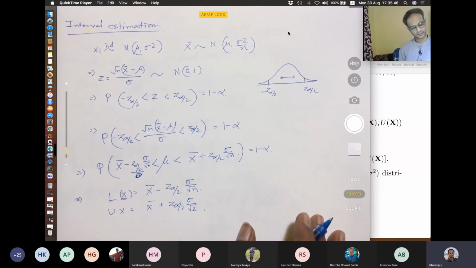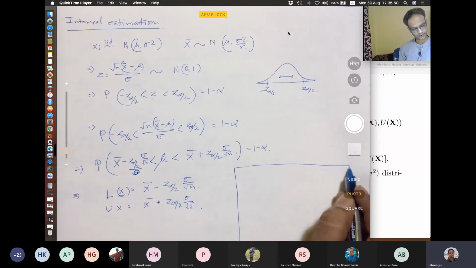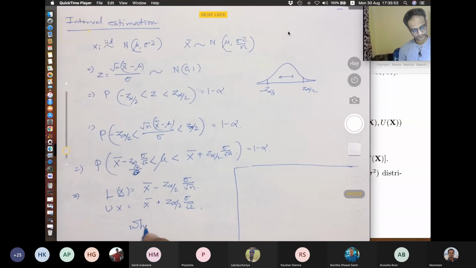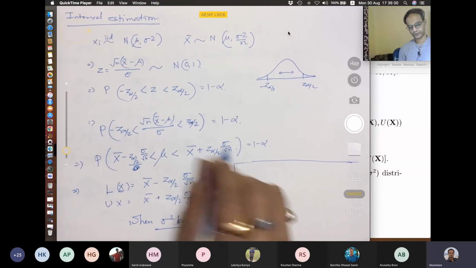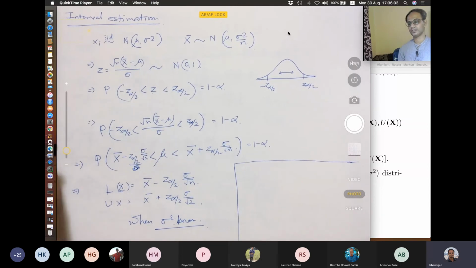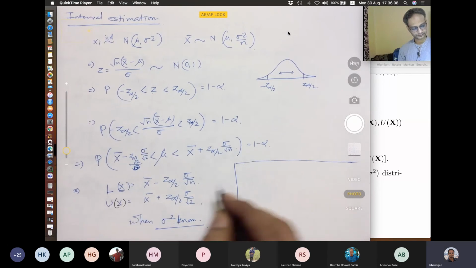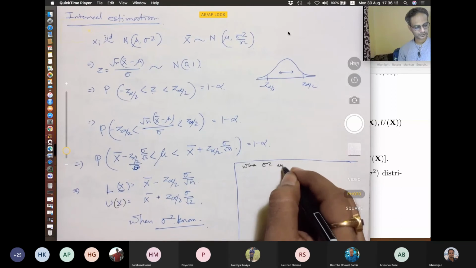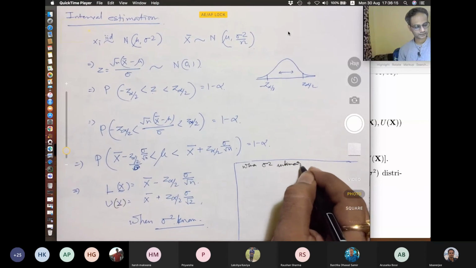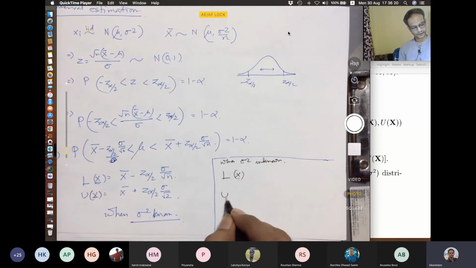Okay. Now please tell me what will it be if sigma is unknown? When sigma is unknown, what are the changes? What will be Lx and what will be Ux?